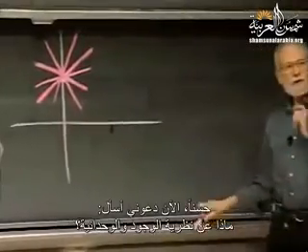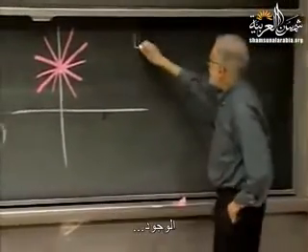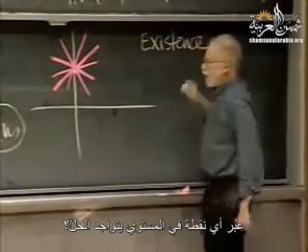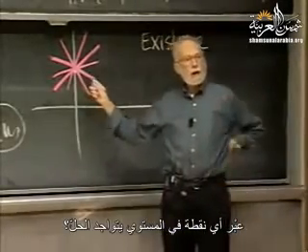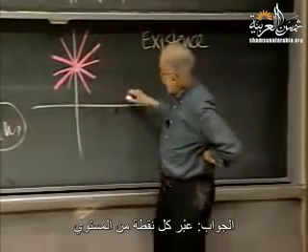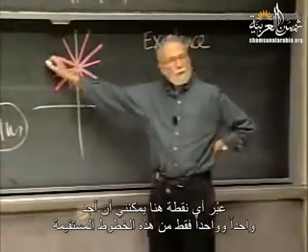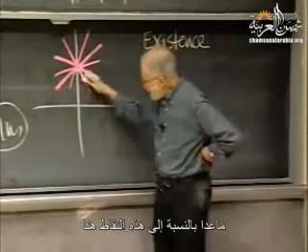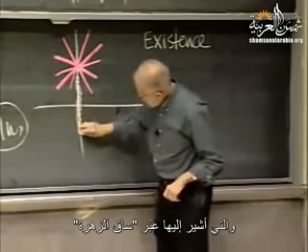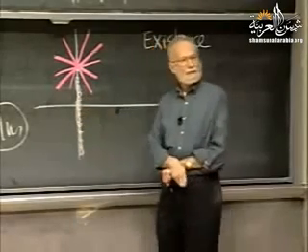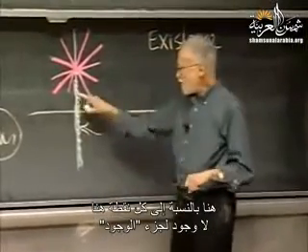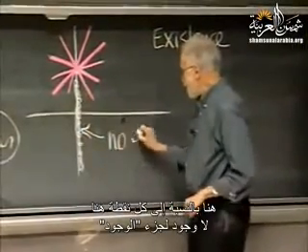Okay, now let me ask, existence and uniqueness. Existence. Through which points of the plane does a solution go? Answer. Through every point of the plane, through any point here, I can find one and only one of those lines, except for these stupid guys here on the stalk of the flower. For each of these points, there is no existence.